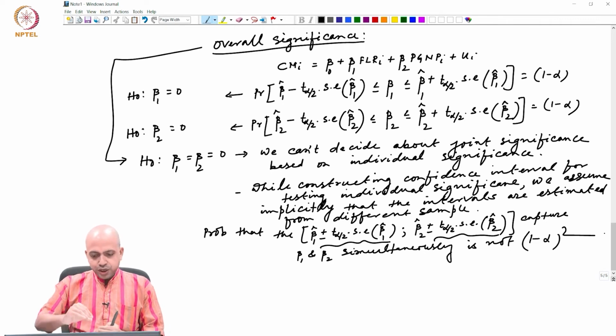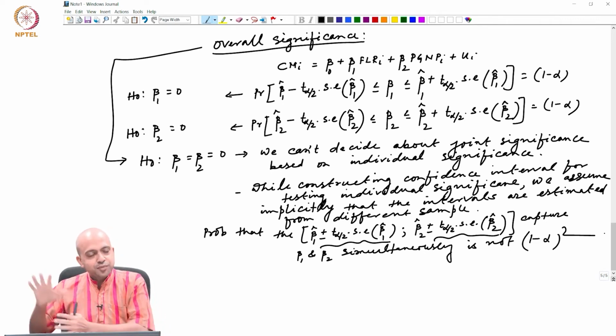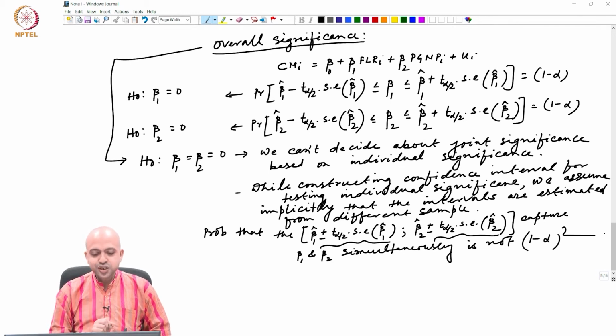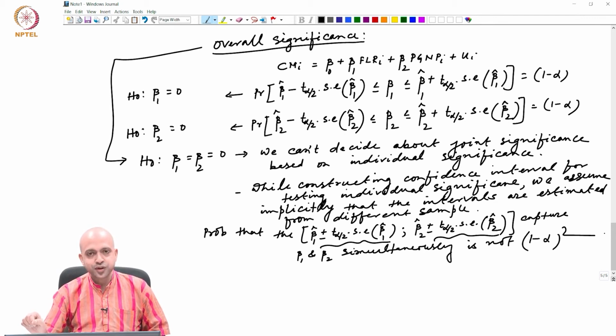If we try to infer something about overall significance based on the individual significance, indirectly what we are saying is that the probability this interval will capture the true population parameter beta 1 is 1 minus alpha, and the probability this interval will capture the true population parameter beta 2 is 1 minus alpha.